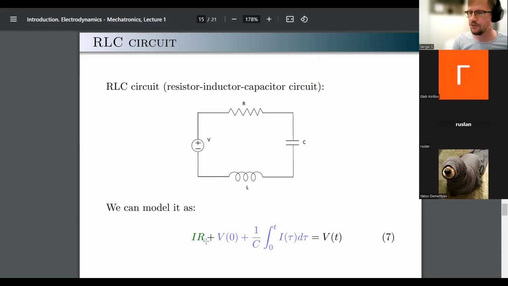It would have looked like IR plus this initial charge term, whatever it is, plus the integral. So it would have become an integral equation. What I showed you previously was a differential equation describing the RC circuit. This is an integral equation describing the same circuit. Okay, any questions about this?